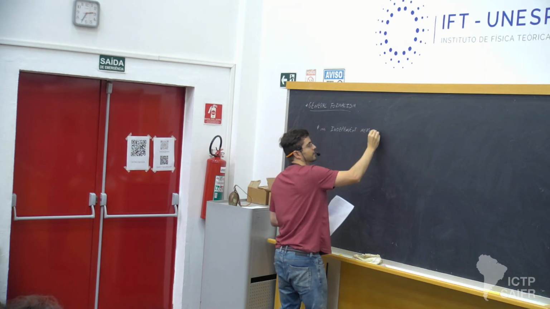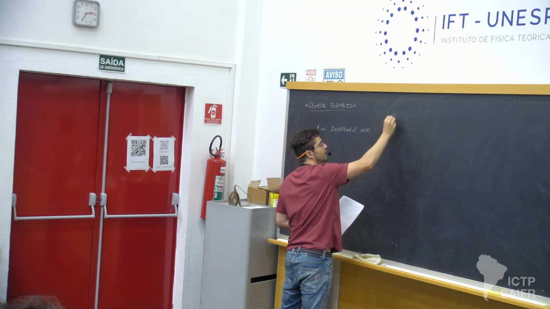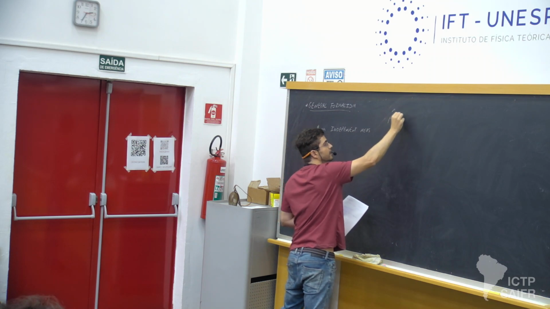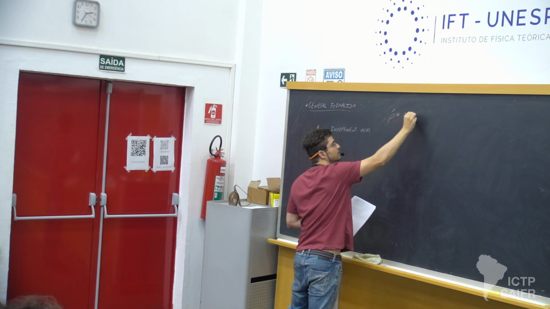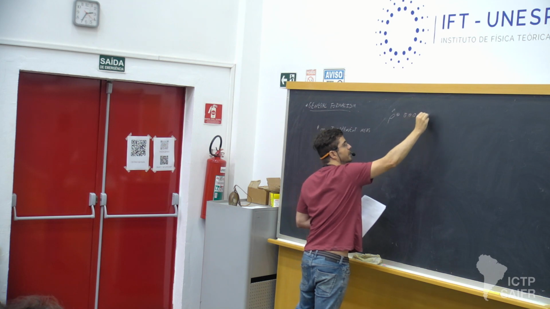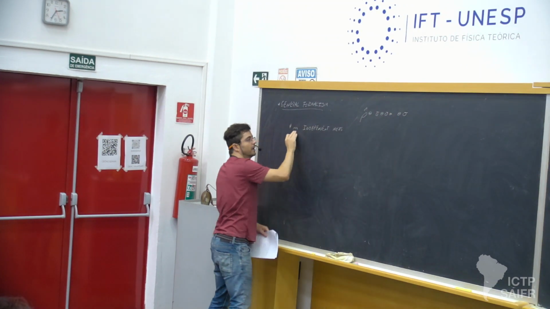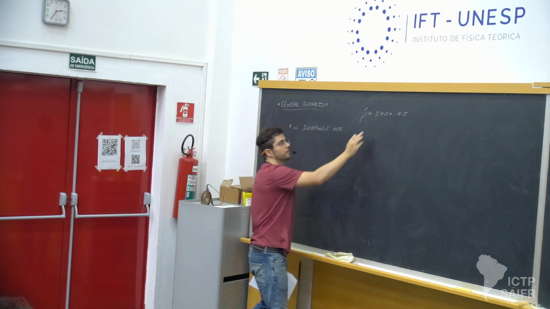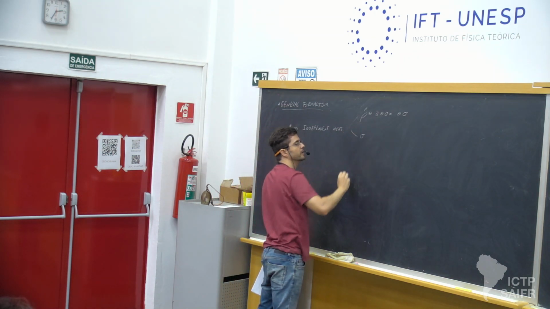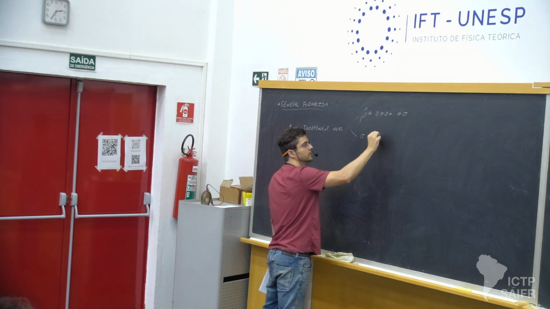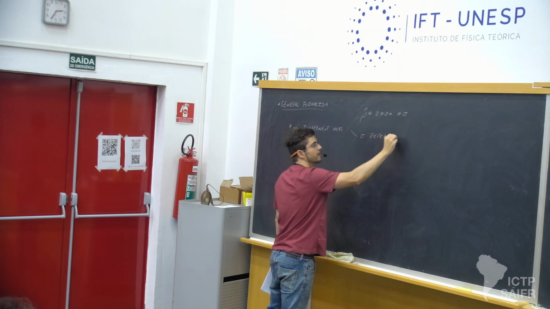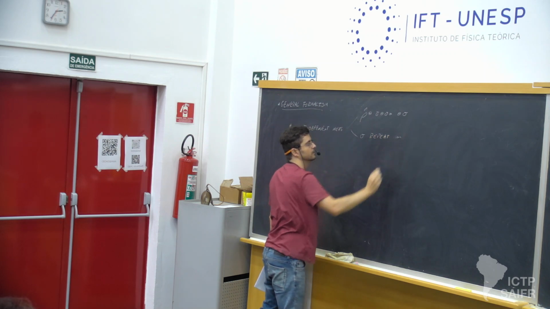And as I said, it could be, for example, that you prepare a big state that is just many copies of your same spin, and then you make a big measurement and obtain M outcomes, or you just prepare one sigma here, and you repeat, let me say, the experiment M times.